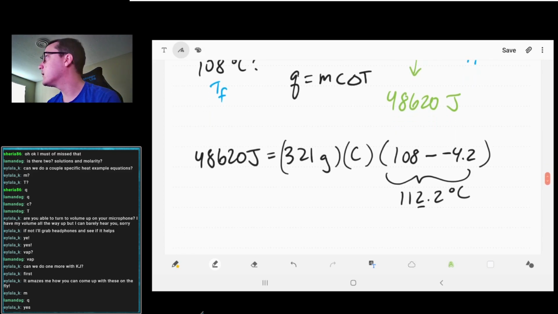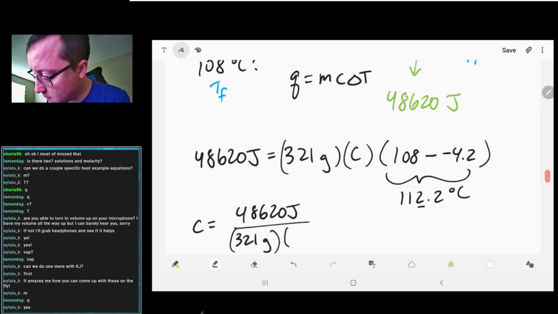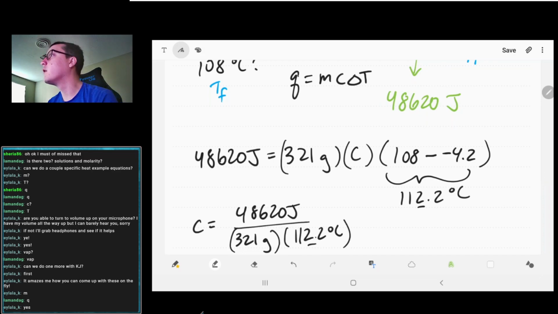Alrighty, so let's have a look here. Let's do our math. C is going to be equal to that many joules over that many grams and our degrees Celsius: 48620 divided by 321 divided by 112.2.